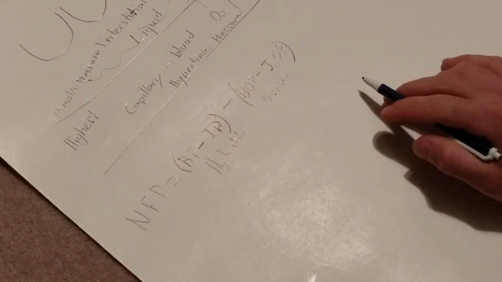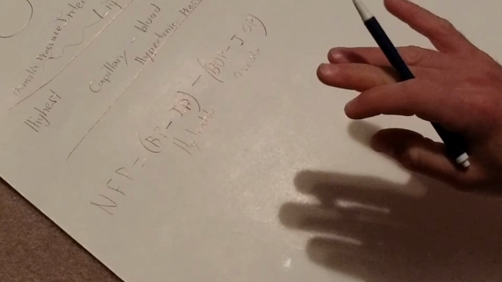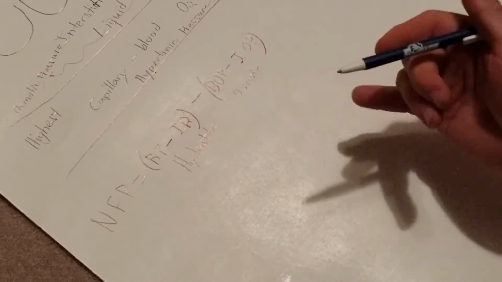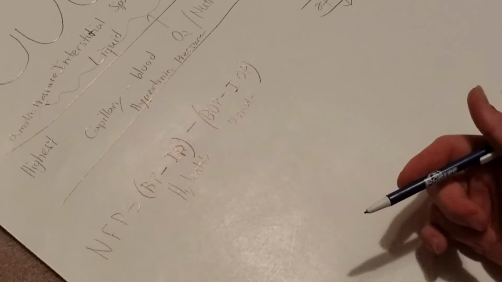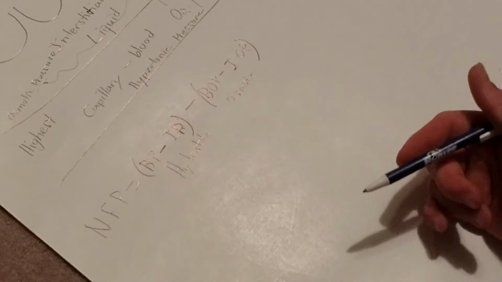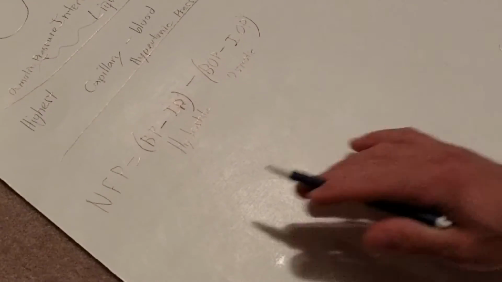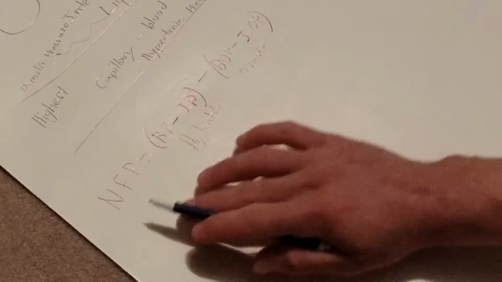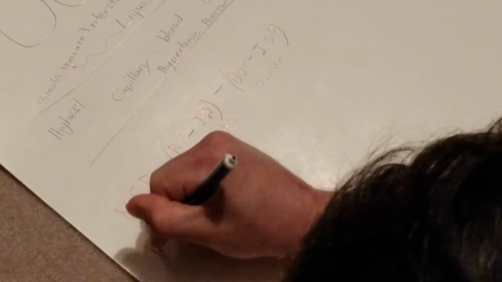So the interstitial fluid sits between the cells. That's also what causes swelling. And if we have too much interstitial fluid and we're not able to remove it from our body, then we are left with swelling. And that's lymphedema. And so this is the equation for the net filtration pressure.